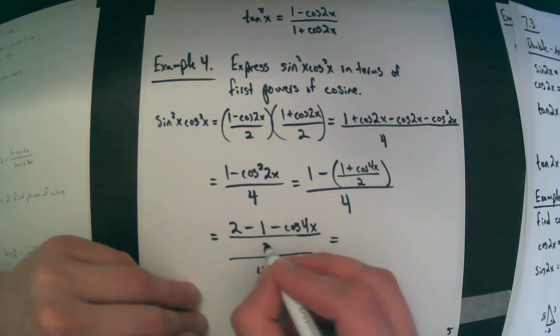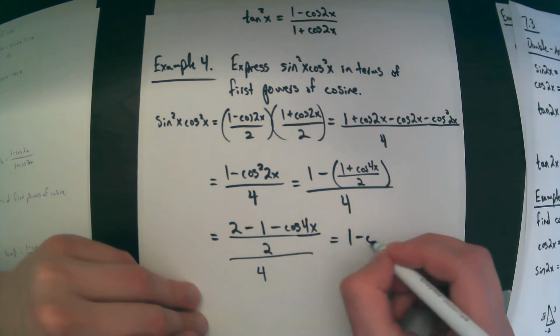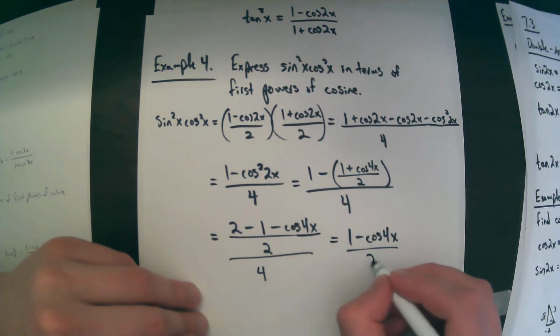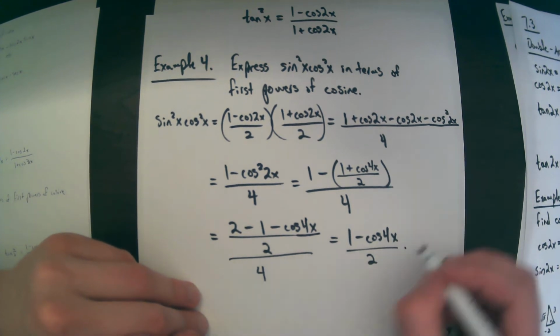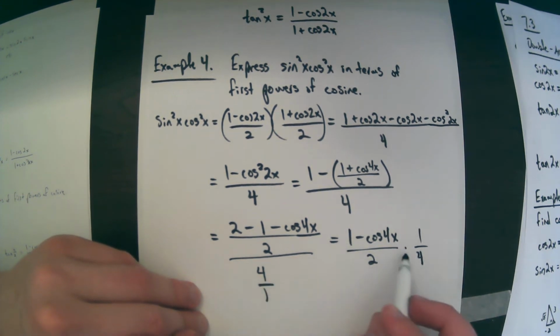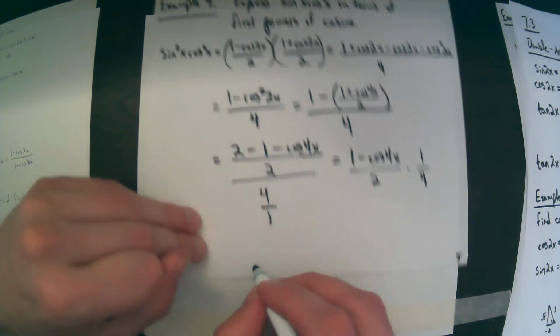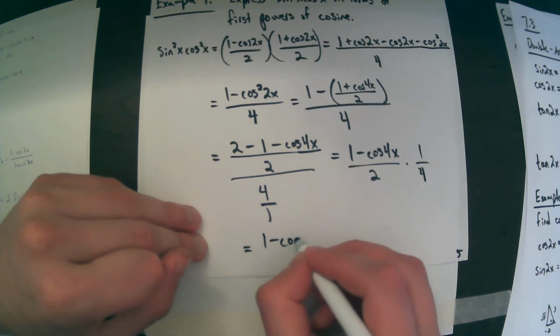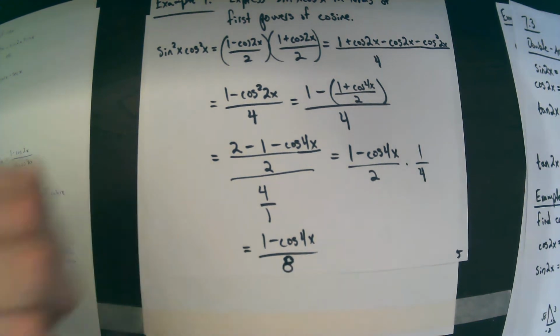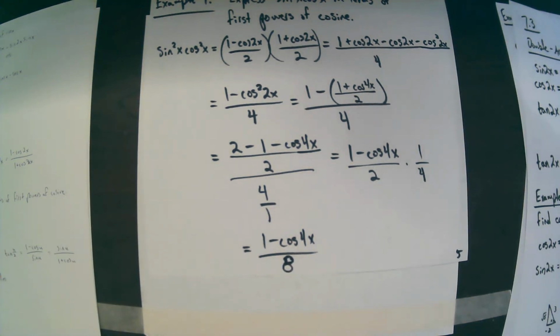And then that's going to be 1 minus cosine 4x over 2 times 1/4. There's the inverse of 4. This is 4 over 1, right? So divided by 4 is the same as times 1/4. So finally I'm getting 1 minus cosine 4x all over 8. Cool.